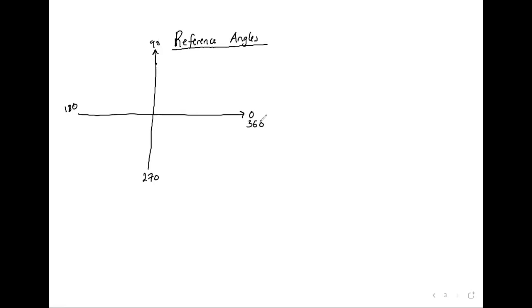We have identified 3 angles. We identified 45. We identified 30. We have identified 60. These are the special angles and they lie in the first quadrant. So there are other angles in these quadrants which are related to those angles.